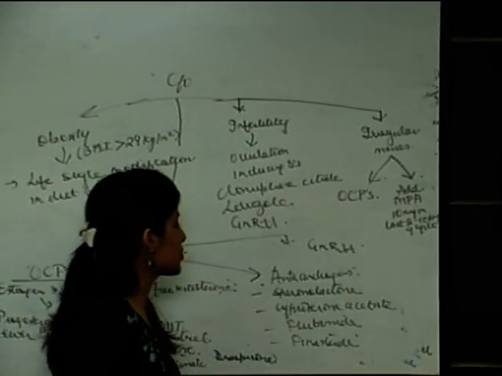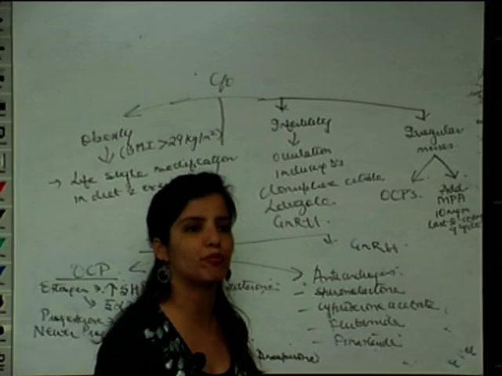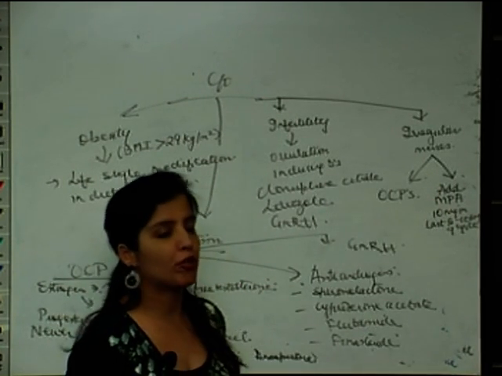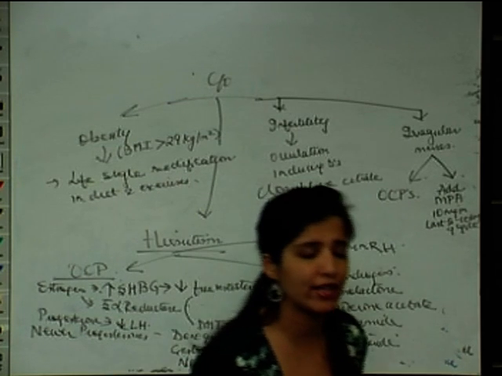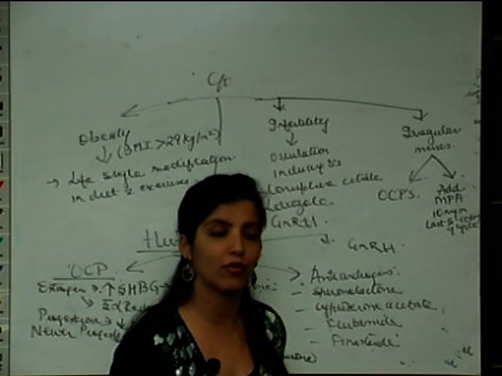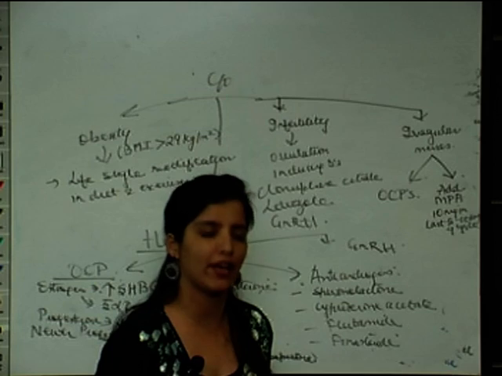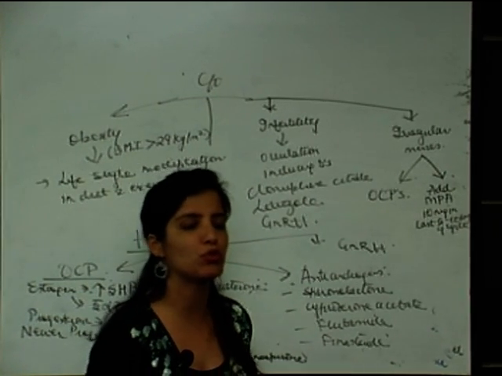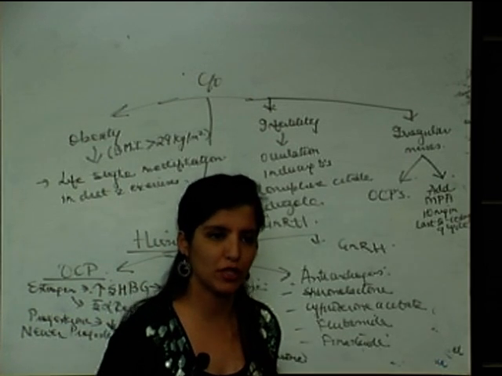Anti-androgens which we can prescribe are spironolactone, cyproterone acetate, flutamide, and finasteride. The problems with anti-androgens are that they have several side effects, and therefore they are not approved by FDA, and so they are not the first line of drug which should be used in case of hirsutism in PCOD.